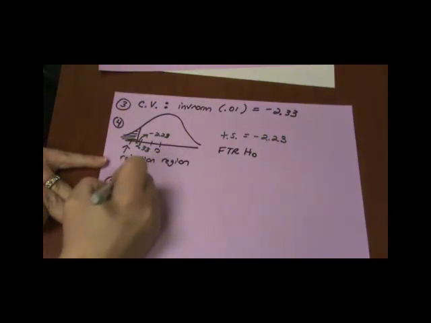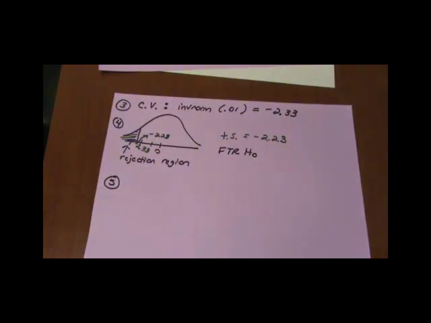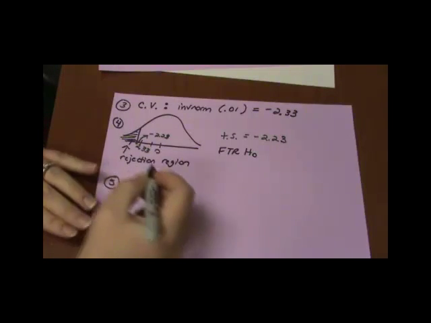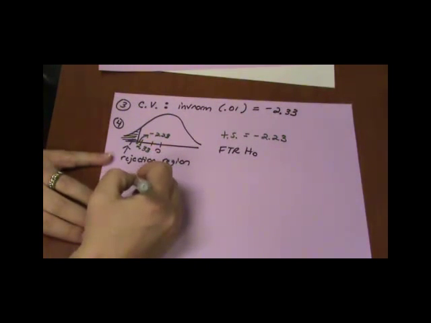Now, step 5 is to state your conclusion. And like I said, it really doesn't matter which method you use, your conclusion should be the same. There are lots of ways to word a conclusion.